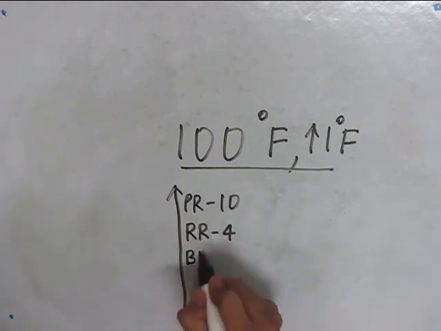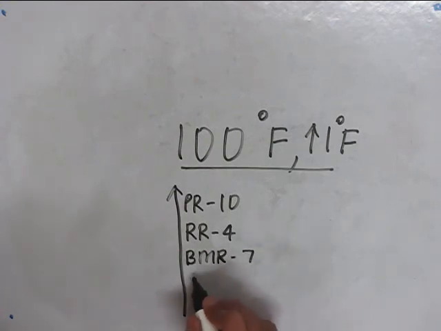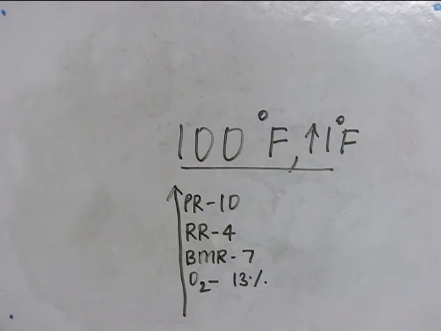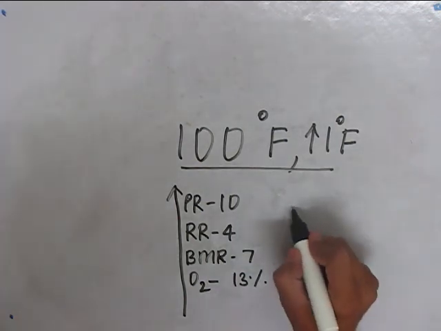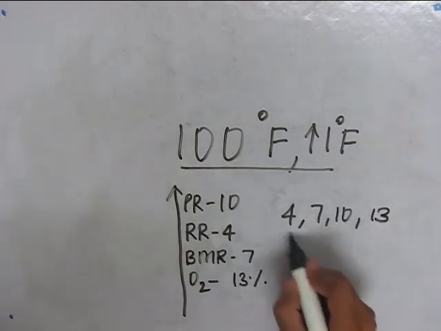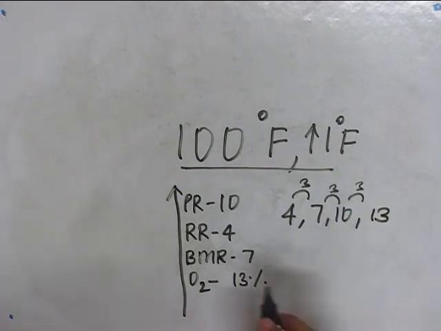The BMR of the body increases by 7 and O2 consumption increases by 13%. So you can remember it as 4, 7, 10 and 13. That is 3 in between.